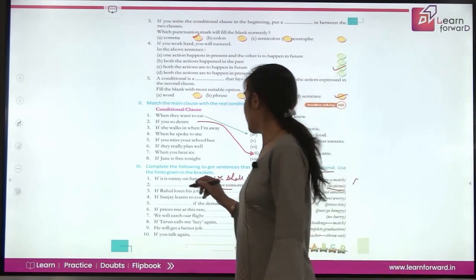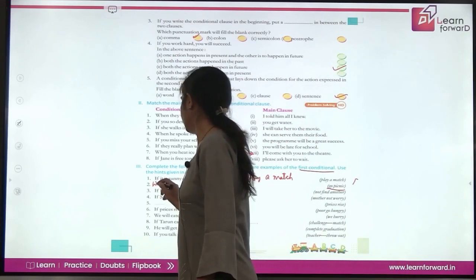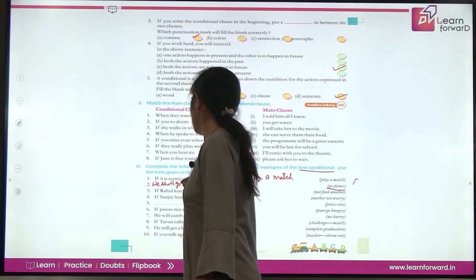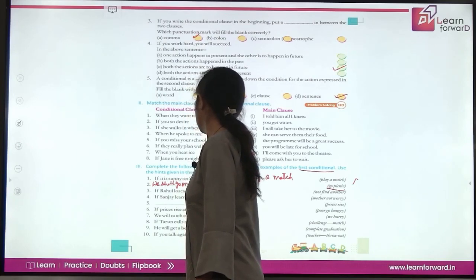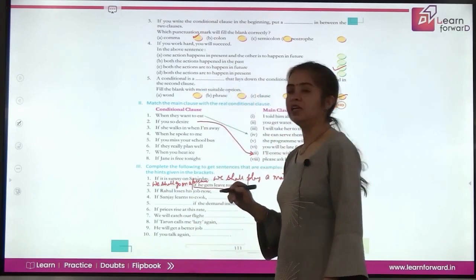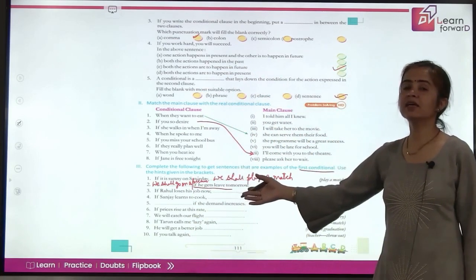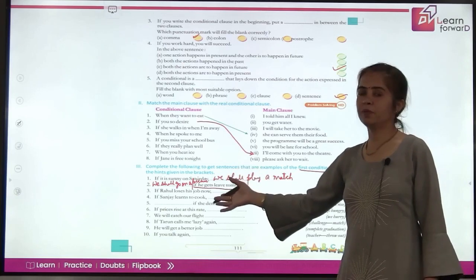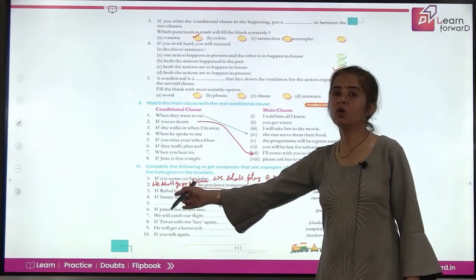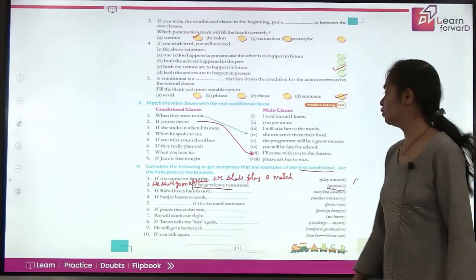We shall go. Future tense will come. We shall go on a picnic if he gets leave tomorrow. So the if clause has here the simple present tense and your main clause has the simple future tense.